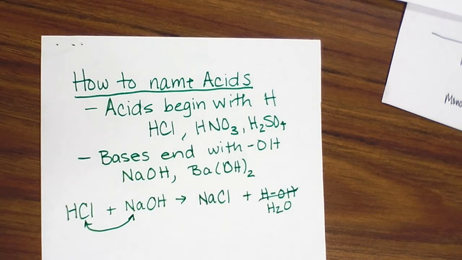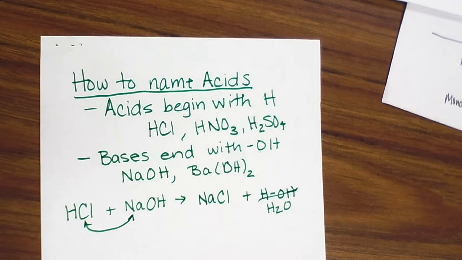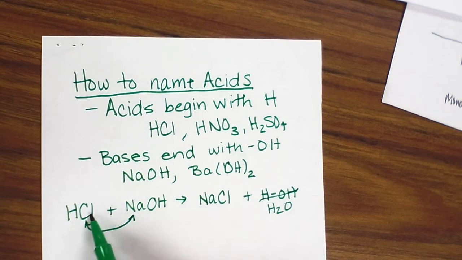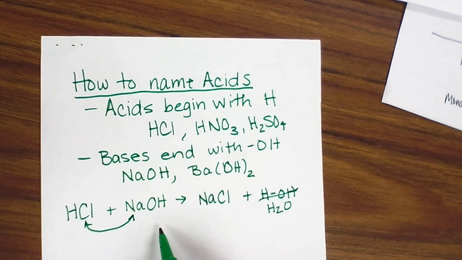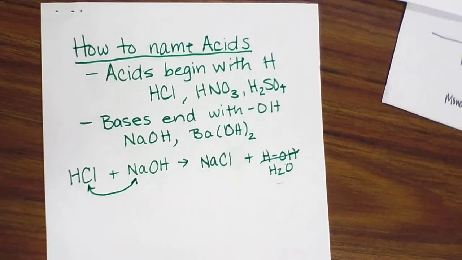The products are salt, lots of different salts, any salt. It could be potassium chloride, it could be potassium bromide, lots of possibilities. A salt is a cation and an anion, a metal and a nonmetal, all right? And water. And that's how an acid and a base neutralize. They produce water because the hydrogen and the hydroxide come together. So that neutralizing factor is the water, all right?